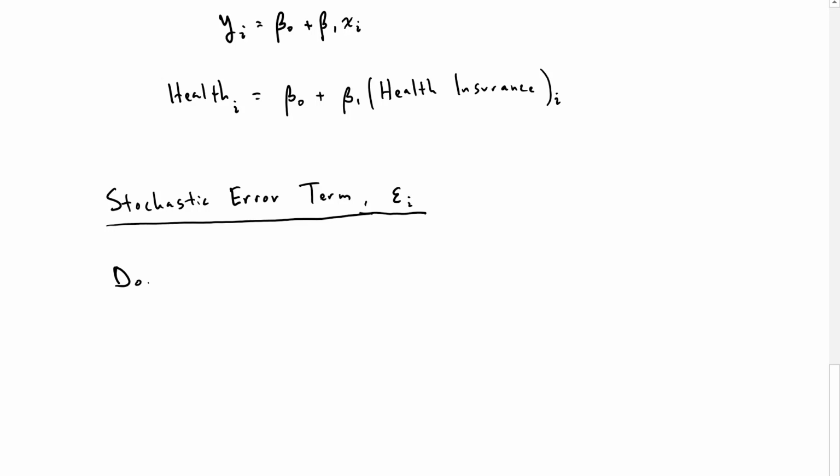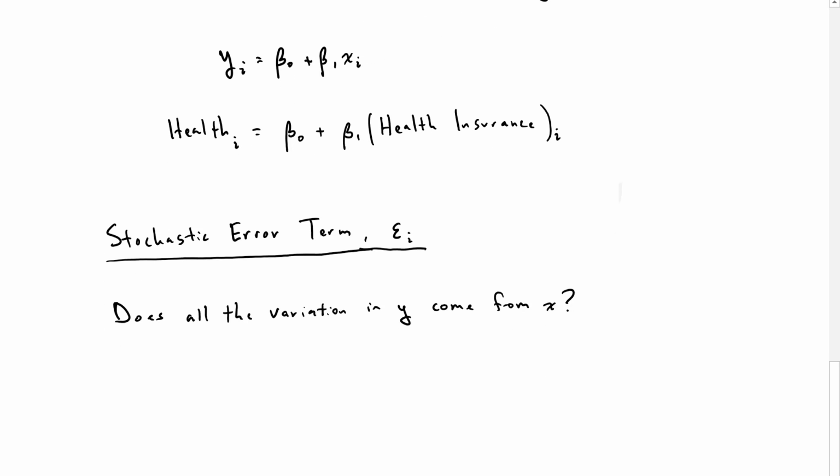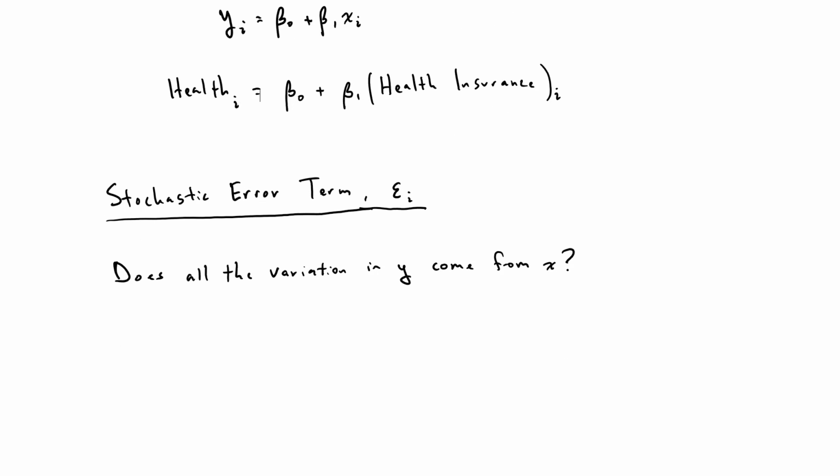The reason we add this in is because if we ask ourselves, does all the variation in y come from x? So does all the variation in my health come from whether or not I have health insurance? And the pretty obvious answer to that, most of the time, is going to be no.